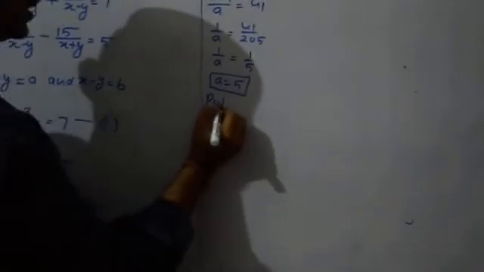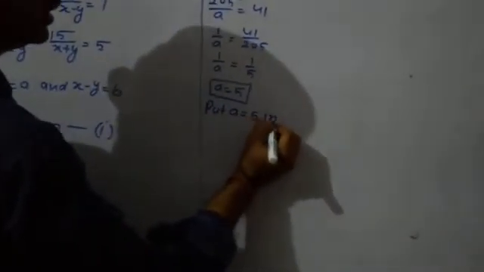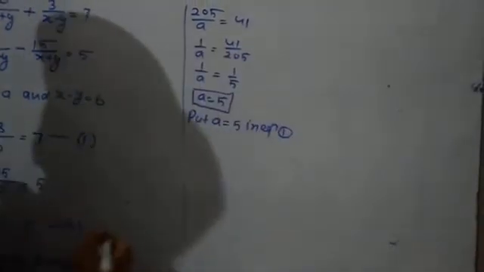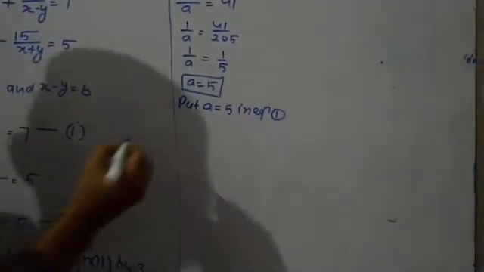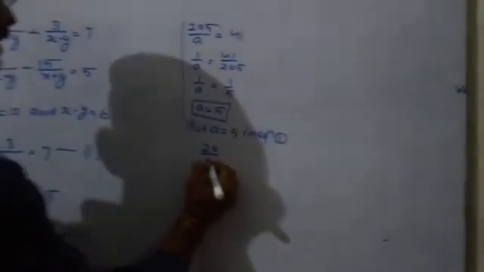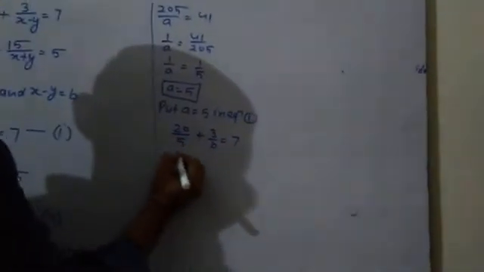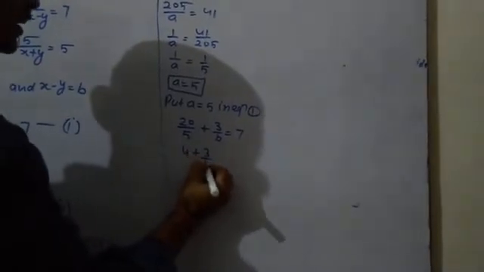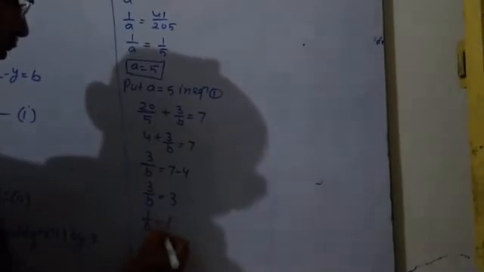Put a equal to 5 in equation 1, we get 20 by 5 plus 3 by b equal to 7. 4 plus 3 by b equal to 7, or 3 by b equal to 7 minus 4, 3 by b equal to 3, or 1 by b equal to 1, or b equal to 1.